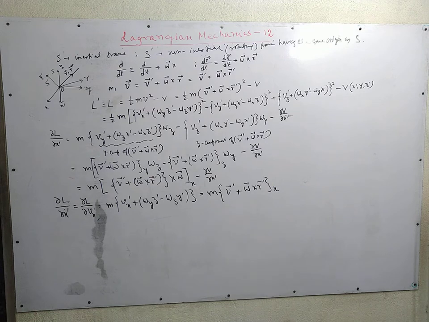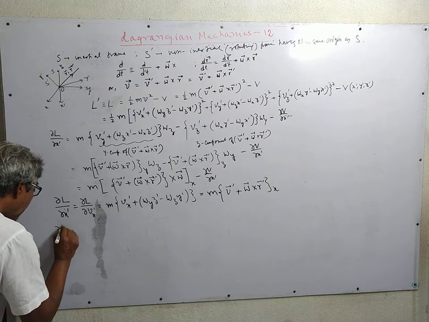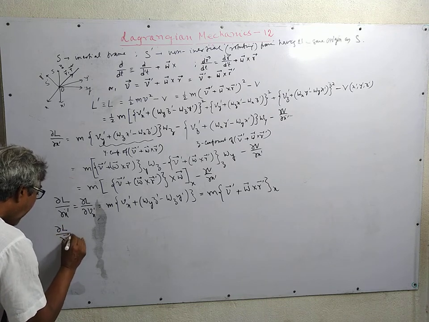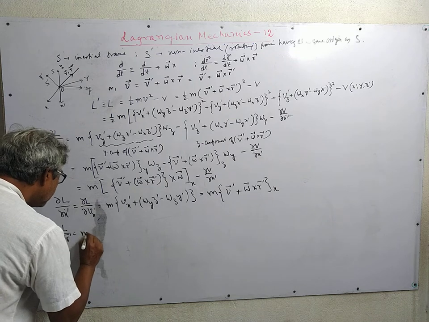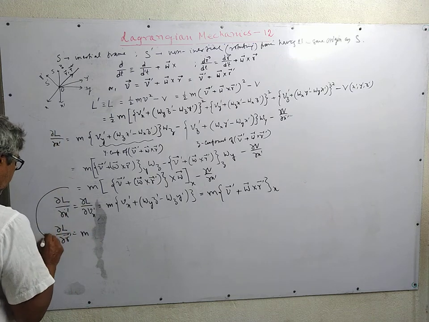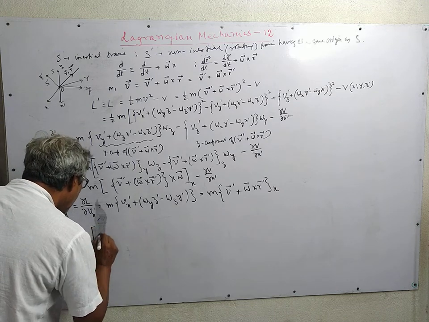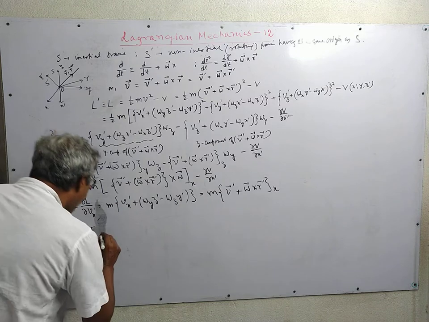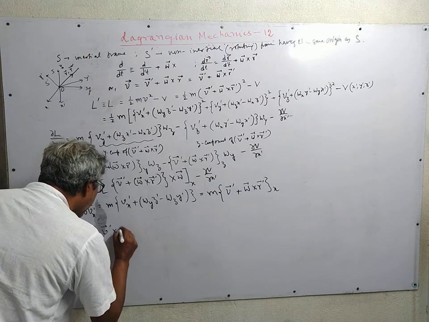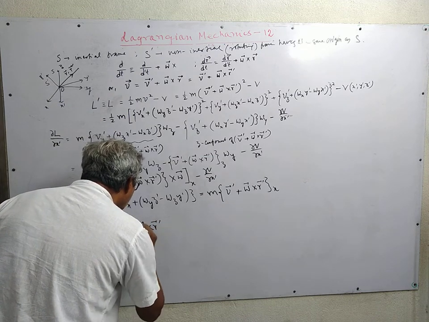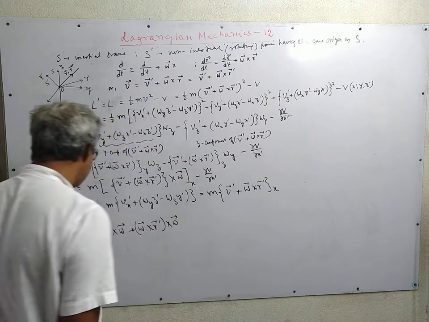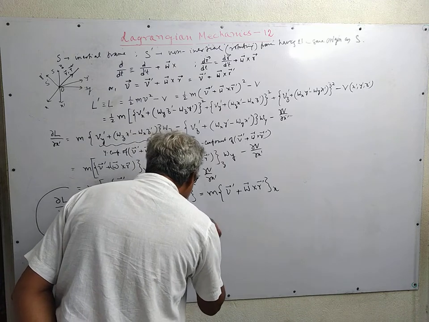So if we combine all these components, we can write that del L del r prime is equal to, looking at this equation, m times V prime cross omega plus omega cross r prime cross omega, minus del V del r prime.